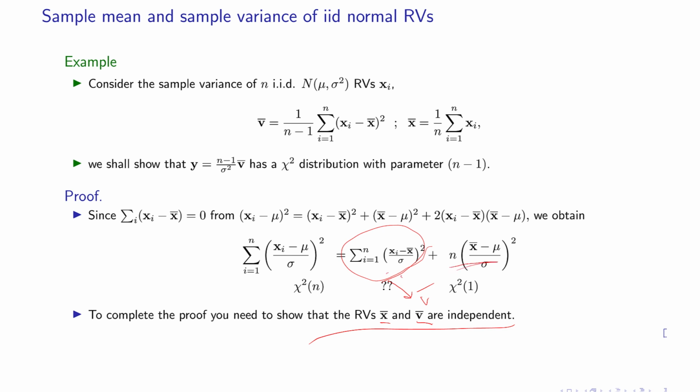So this should have a chi-square distribution if they are independent, because the moment generating function of these times the moment generating function of these should give you this one. This is chi-square, this is chi-square, so this should also be chi-square. Chi-square is 1 plus, as you have seen in the previous slide, 1 minus s divided by 2 to the power of half a degree or whatever.